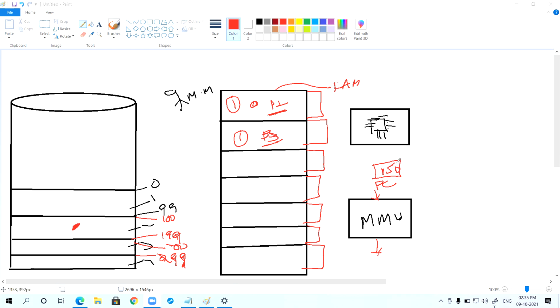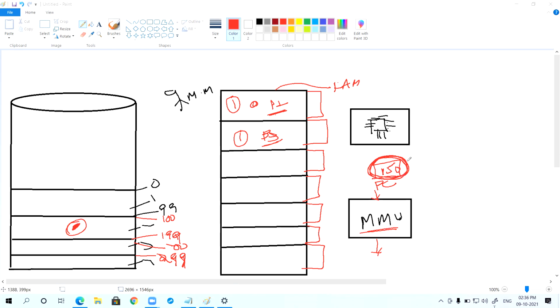Whatever this address 150 is, it is not the physical address, it is a virtual address. All of you are getting the point? The MMU will try to convert that logical address into the physical address.